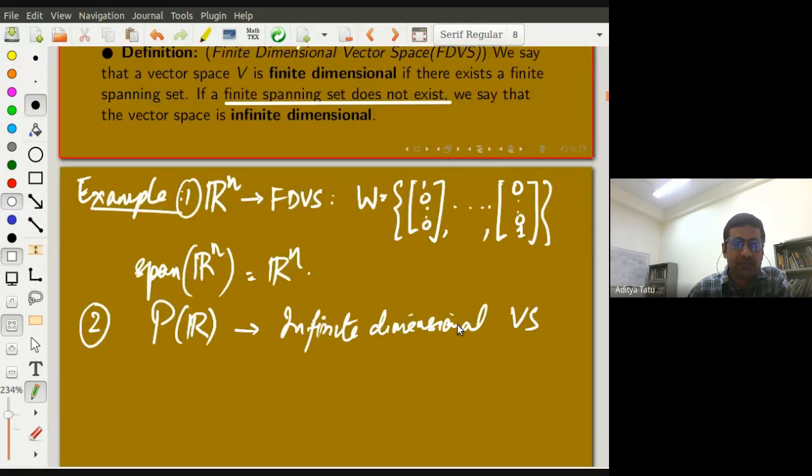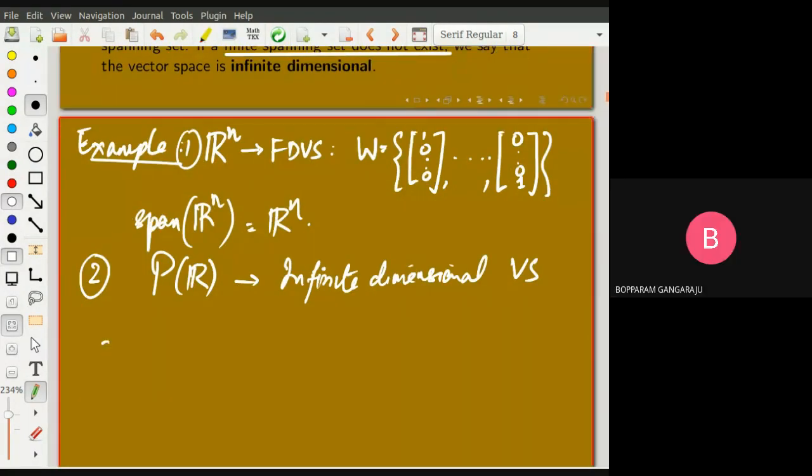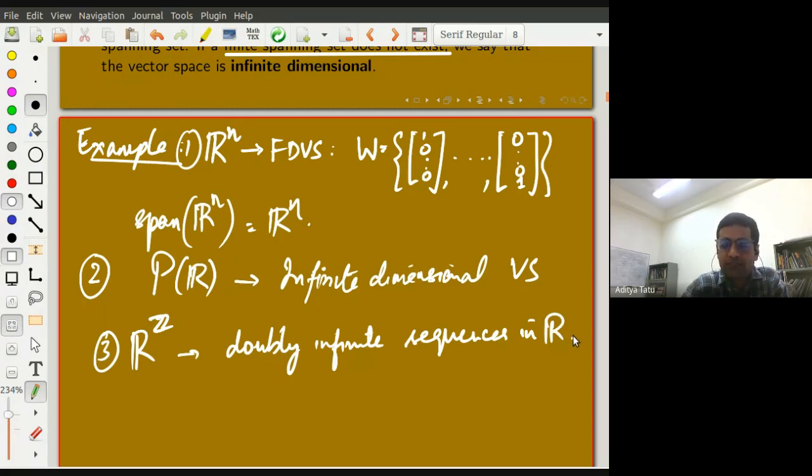Okay. Is it clear to everyone that the set of polynomials forms an infinite dimensional vector space? Yes, sir. R power Z will be an infinite dimensional vector space. Our set is the set of doubly infinite sequences in R. And this also cannot be a finite dimensional vector space, and therefore it is an infinite dimensional vector space.